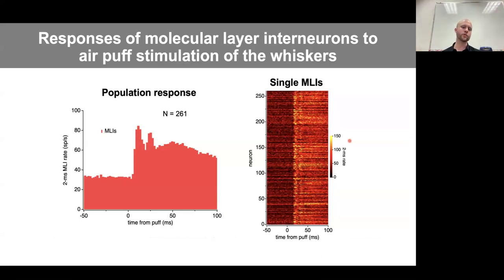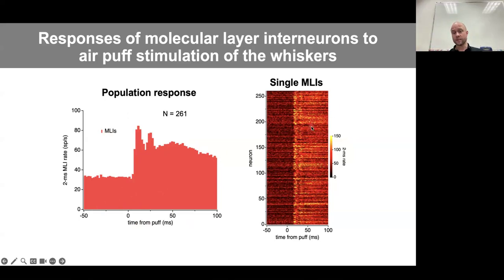They all went through 100 trials of air puffs. And this is what their average response looks like. Following the air puff at time 0, we see this rapid increase in spike probability in the cells, followed by a secondary increase in spike probability, and then this maintained increased firing rate in this population of cells.